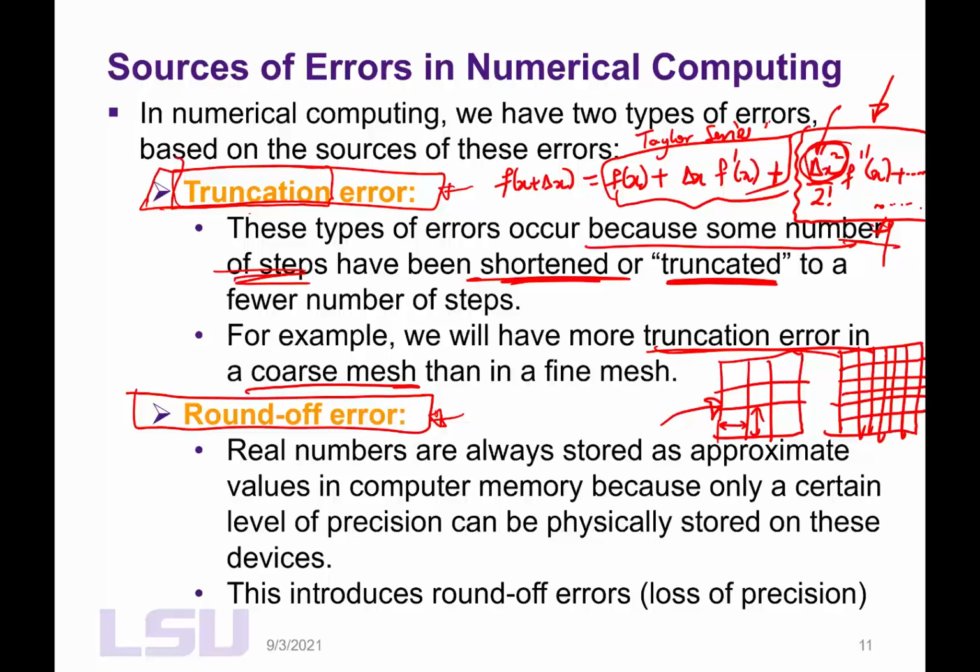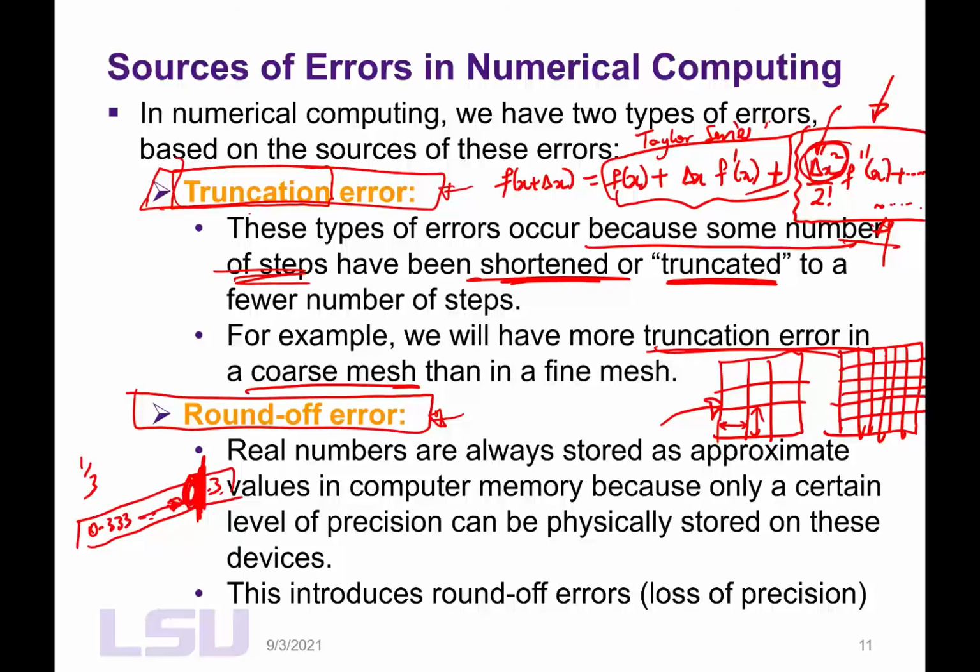What is round-off error? What's 1 divided by 3? It's 0.33333 in an infinite number of places, right? Can your computer store an infinite number of 3's? No, right? It's going to stop at some point. The fact that your computer is not able to store an infinite number of decimal places leads to round-off error, because when you stop after a certain number of decimal places, you are rounding off the last digits in the decimal place.